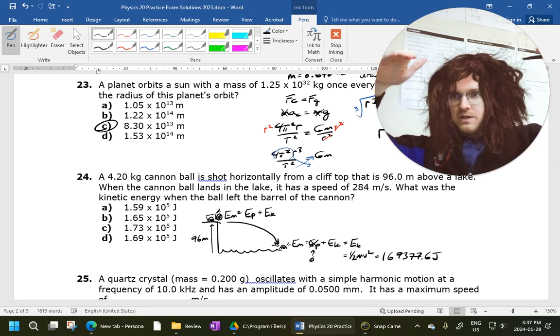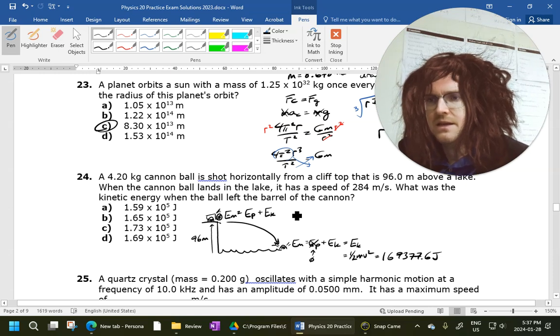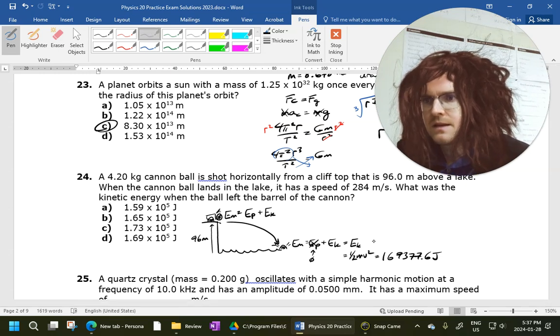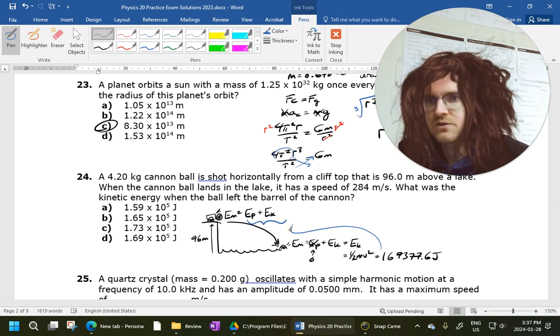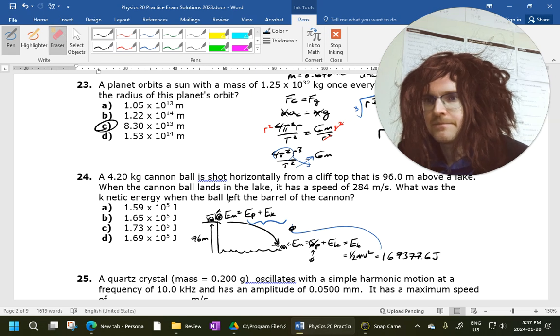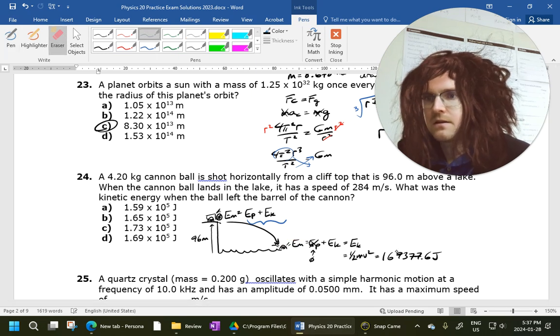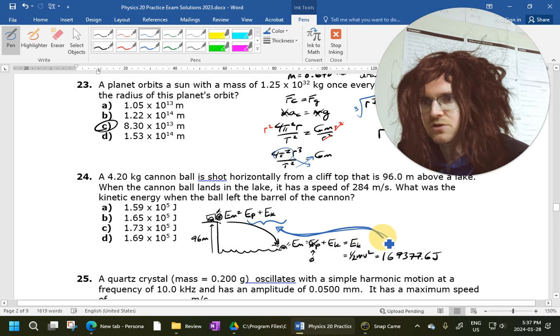Well, that means it had that much energy to start off with, but it was split between two things, the EP and the EK. This here is the same as the sum of those two pieces, because the EMs are equal to each other.